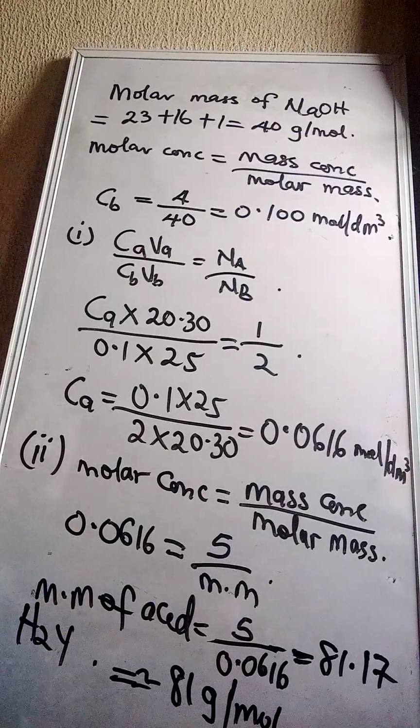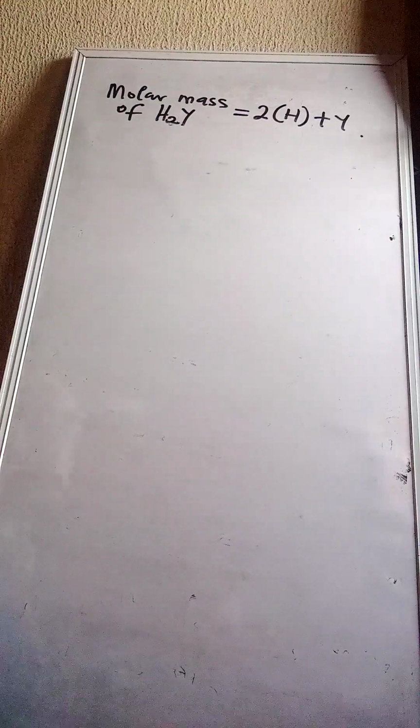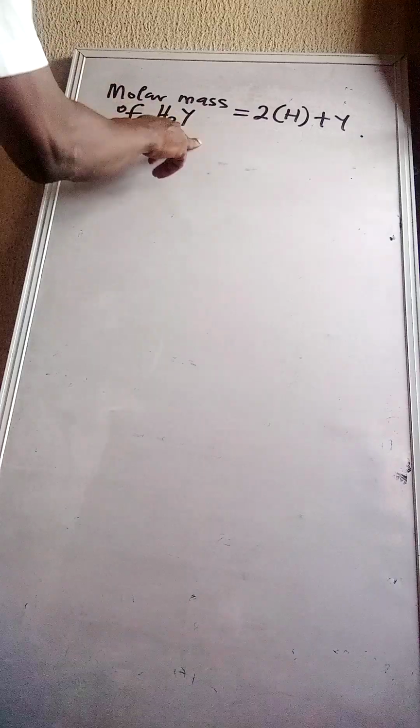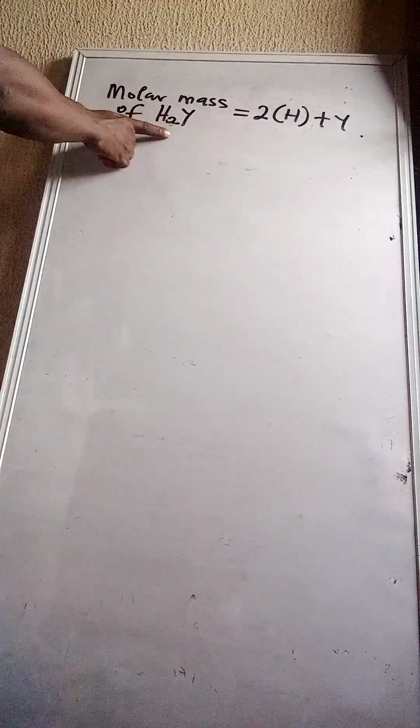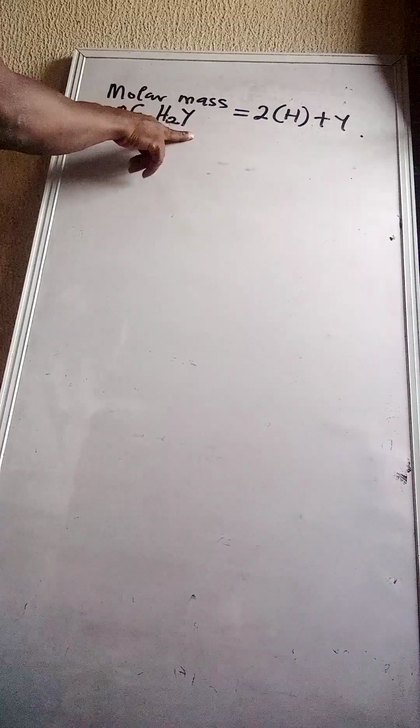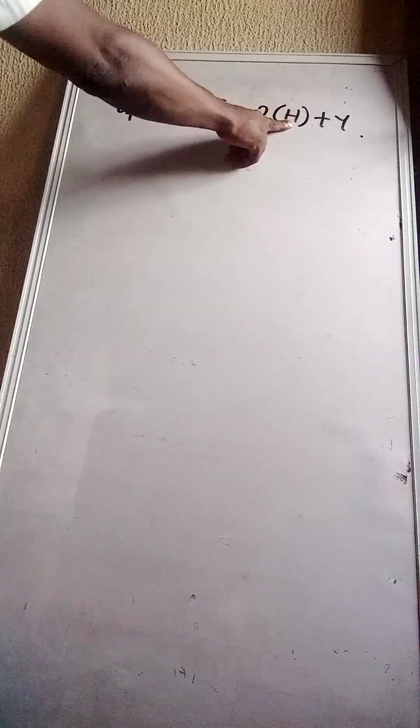Okay, now we can go ahead and find the third question, and that's the value of Y. How do you find the value of Y? By using this molar mass. Molar mass of H2Y will be equal to the addition of the relative atomic masses of the elements. Since we have 2 atoms of hydrogen, that will be 2 into bracket atomic mass of hydrogen plus Y that we are looking for.